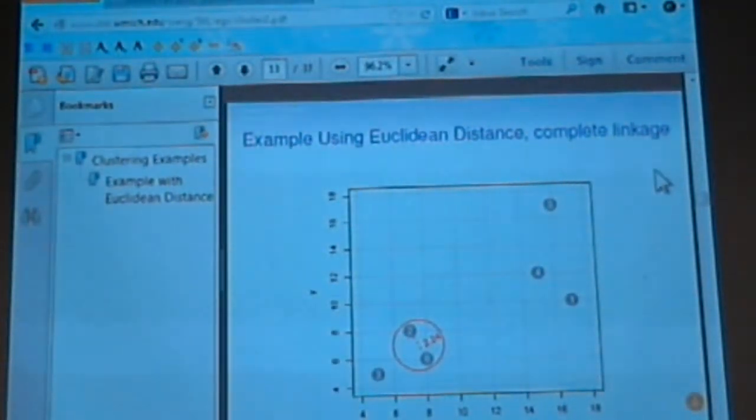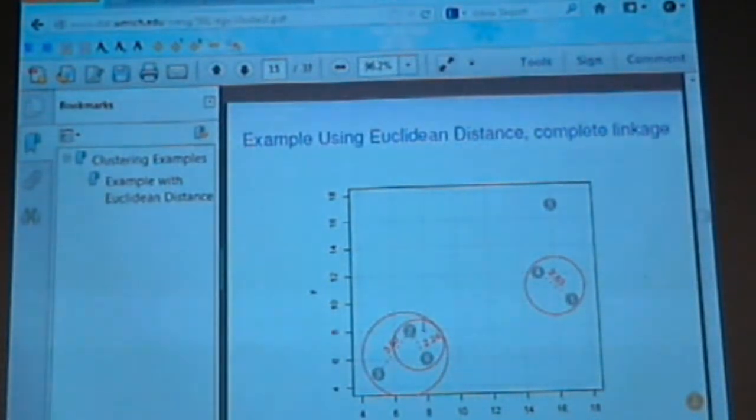And the next stage is still to cluster 1 and 4 together, isn't it? 1 and 4 are still clustered together because the distance between 3 and 2,6 will be the maximum distance, 3.61. Actually, that would be the next one clustered together with complete linkage.